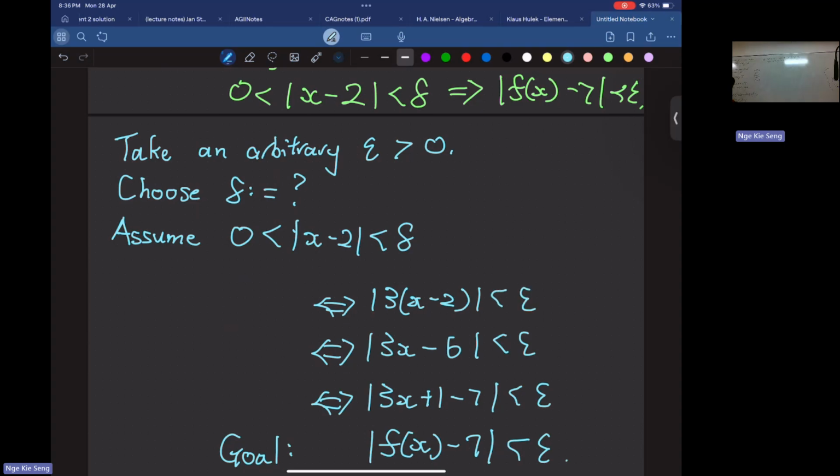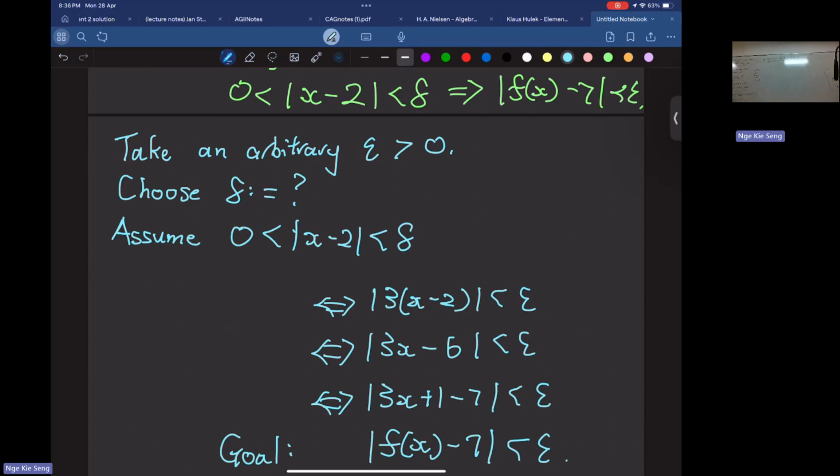So what did you see here? We are getting closer to x minus 2 already. What should we do next? We are now working backward. Try to work backward. What do you do next? We already want to do that. So what value you want to take?